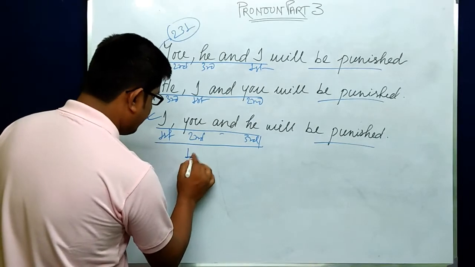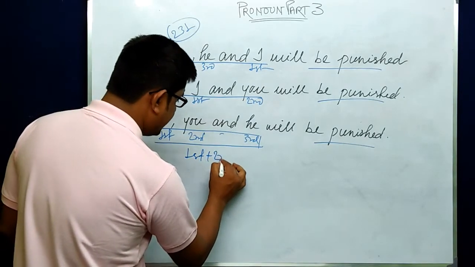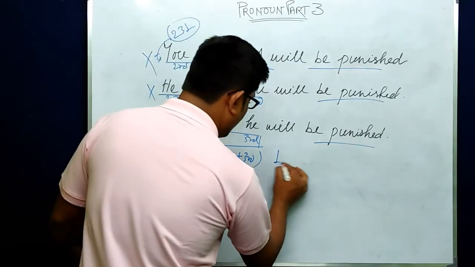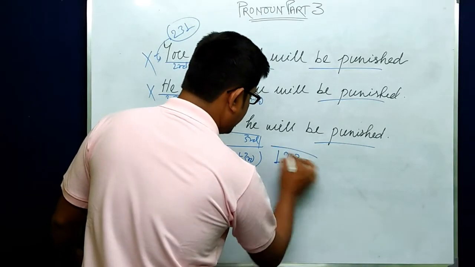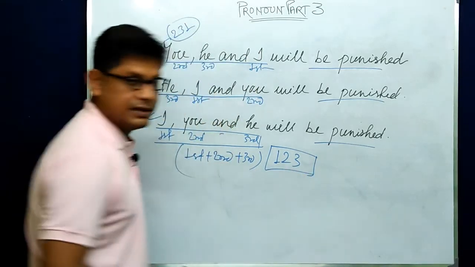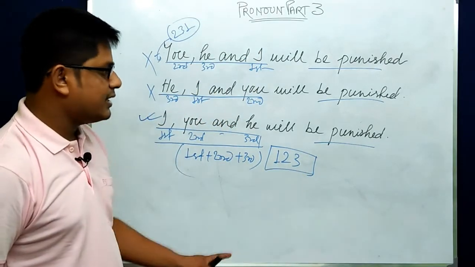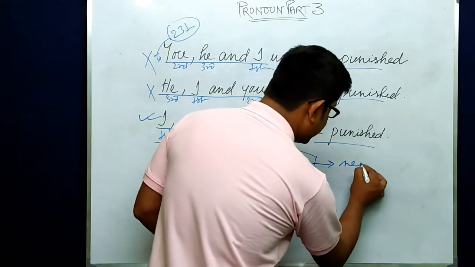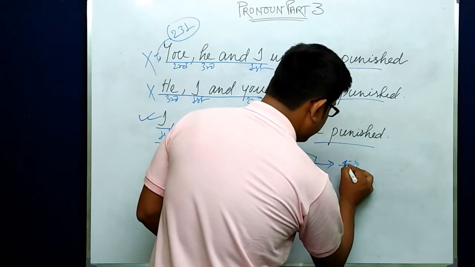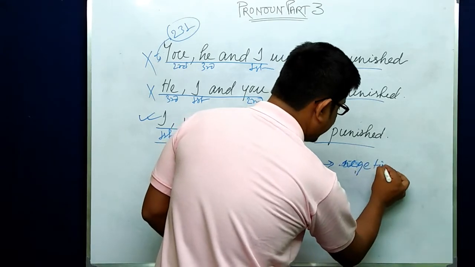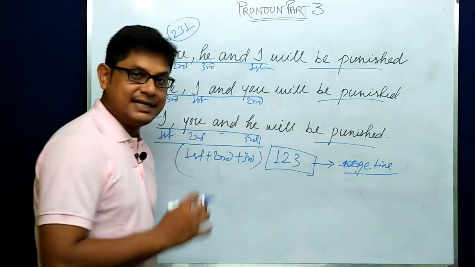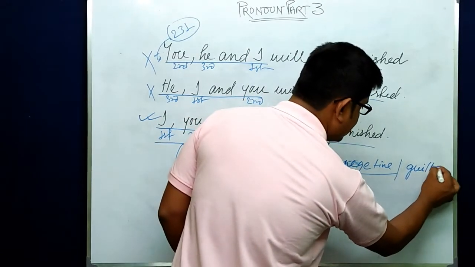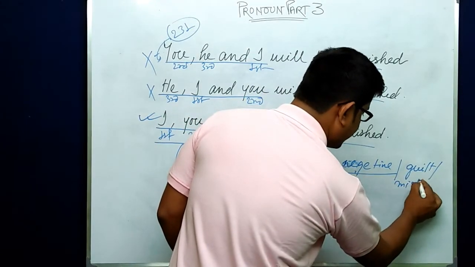That is first plus second and then third. So 1, 2, 3. You have to remember this order. This order can be used only when it is negative, when the sentence indicates anything negative or any kind of guilt or mistake.